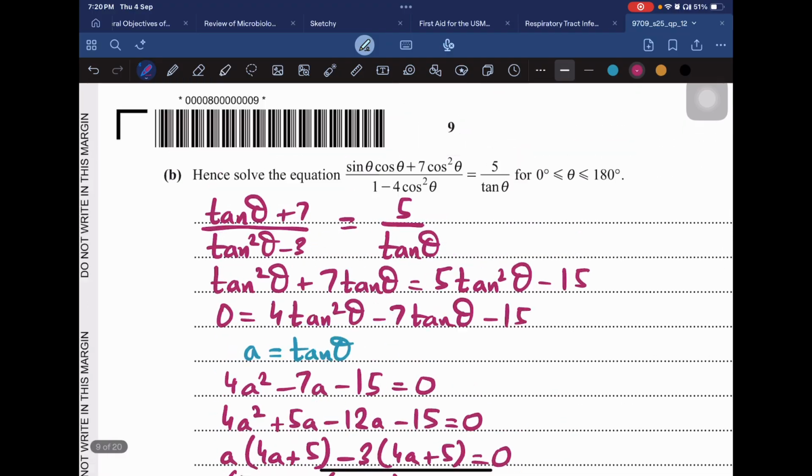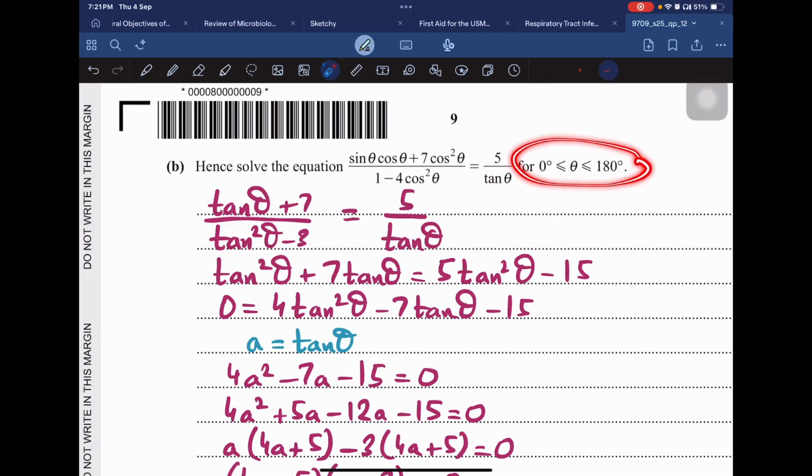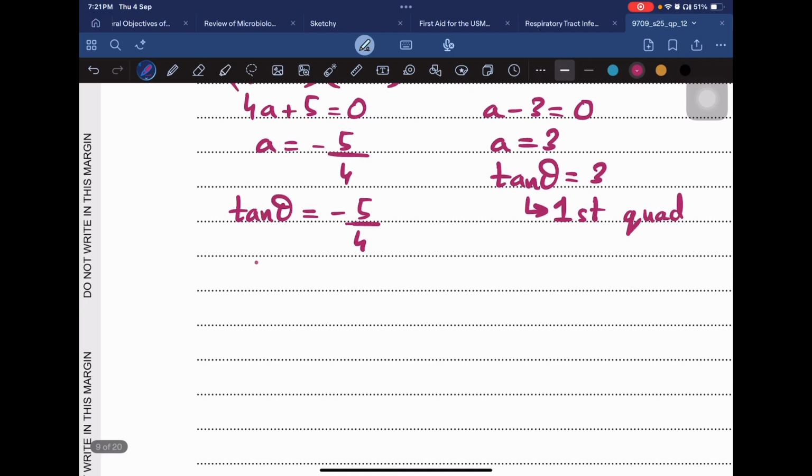And it's given over here that our domain is 0 to 180, so we'll only have the first two quadrants. Tan theta is positive in the first quadrant, so this value will give us the angle for the first quadrant. And in the second quadrant, tan theta is negative because only sine is positive, so this will give us the value for the second quadrant.